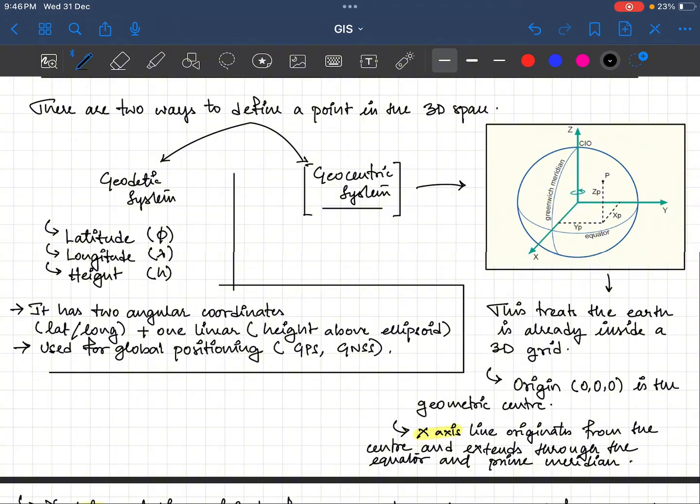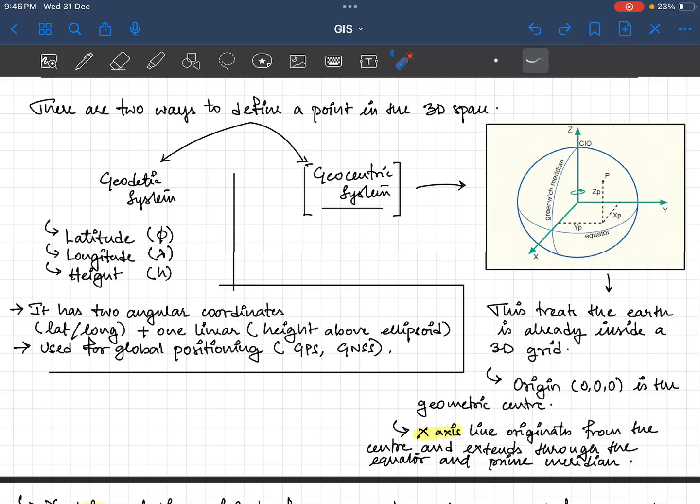Now let's talk about two different ways in which a point in three-dimensional space can be identified, or can be defined rather. First is called the geodetic system, another is called geocentric. So let's go one by one. The geodetic system is basically the system where two angles and one distance based coordinate is used.